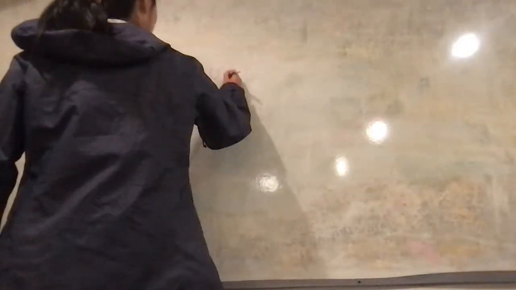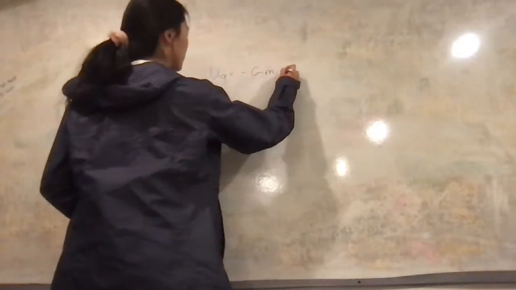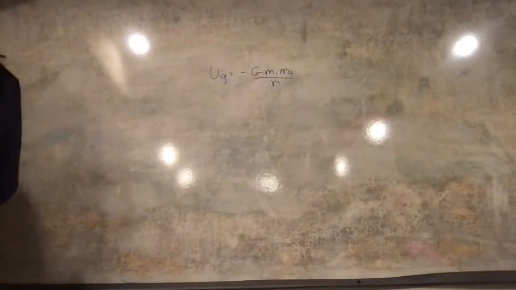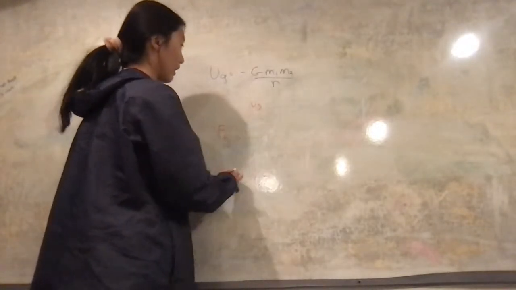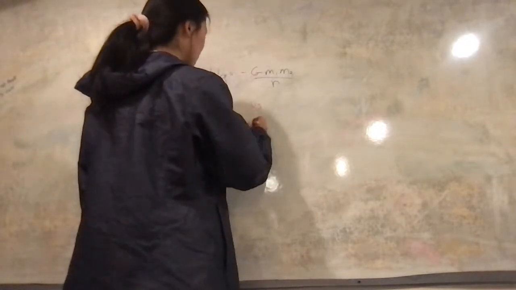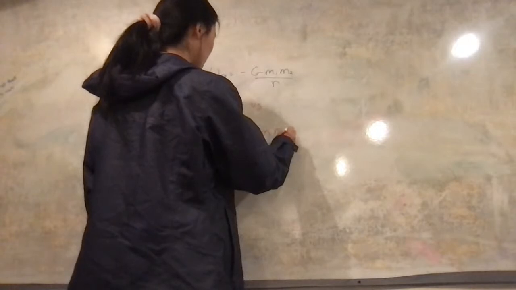So now let's talk about UG. When we do conservation of energy, UG equals negative G m1 m2 over R. Careful, we're going to do a comparison because it's an easy mistake that I made too, versus Fg, force of gravity, equals G m1 m2 over R squared.